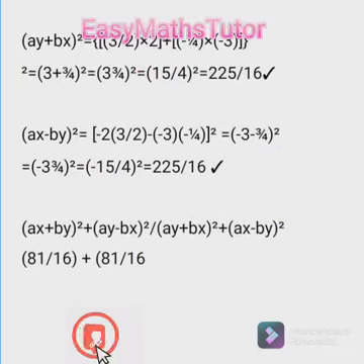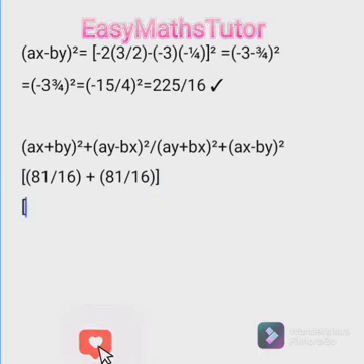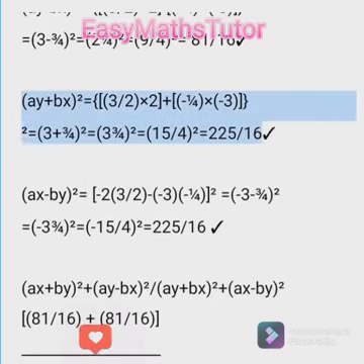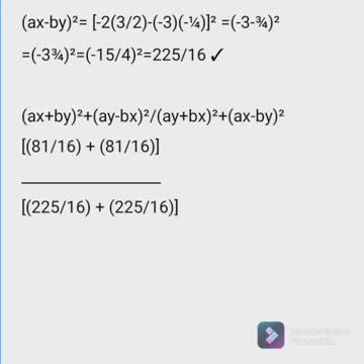The second one is still 81 over 16. So we'll draw the line of division. The third one is 225 over 16 plus 225 over 16.